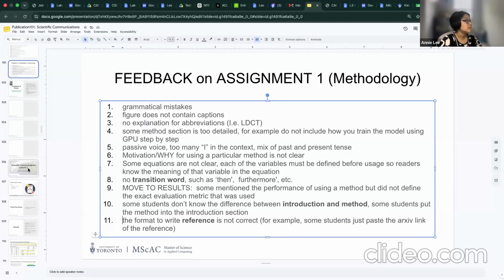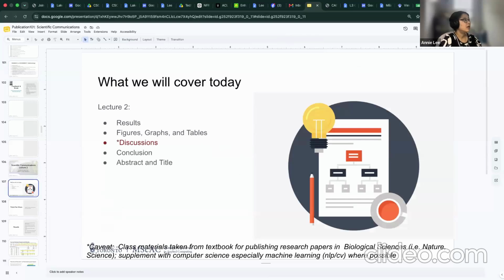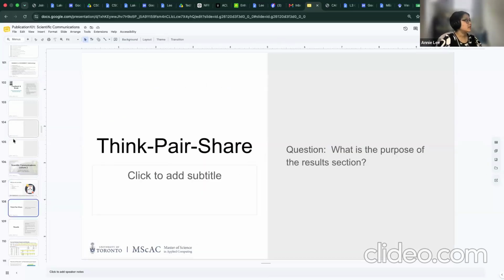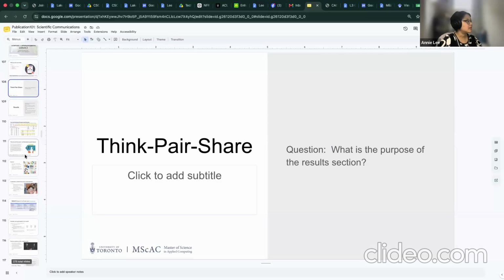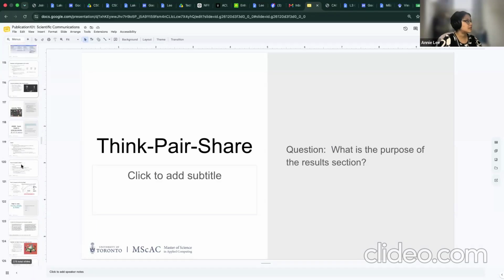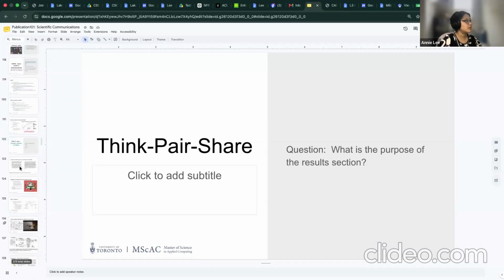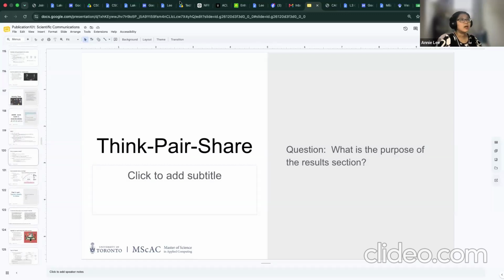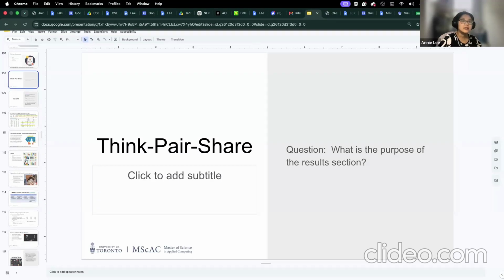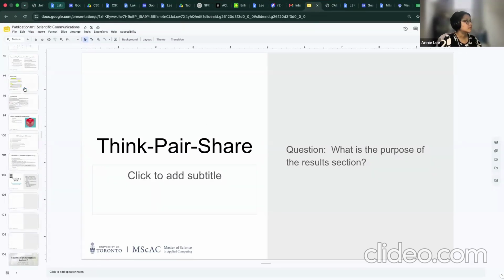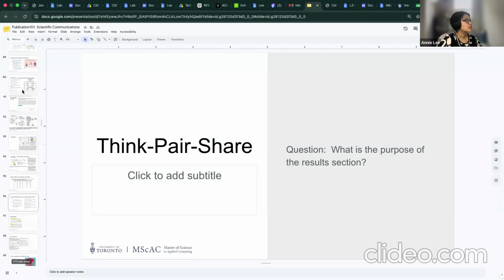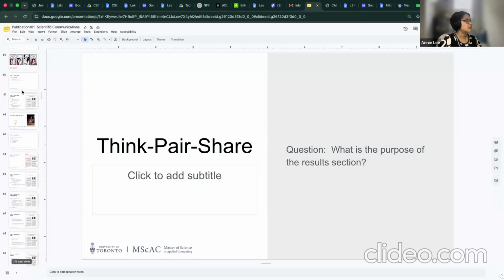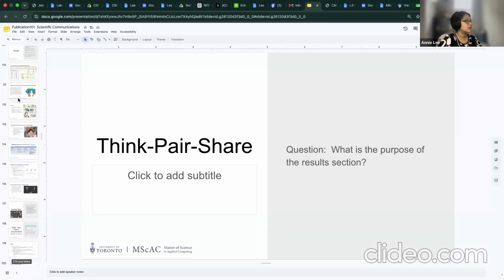Okay, great. So as promised, I said we will take a look at some of the results. I told you last week why it's important to have the results. So I'll try to cover a little bit of that, and whatever we don't finish, I guess we can continue the week after.